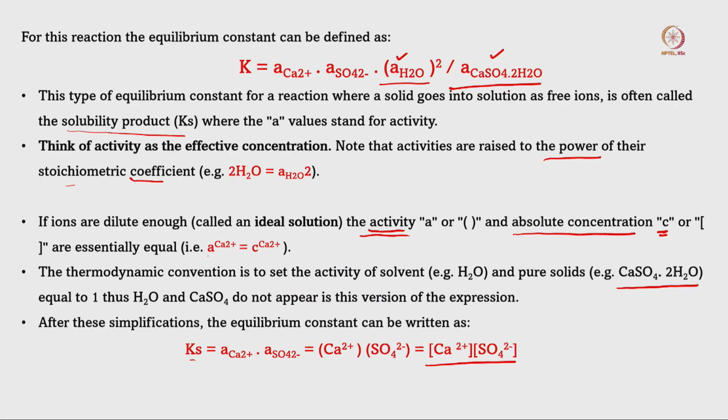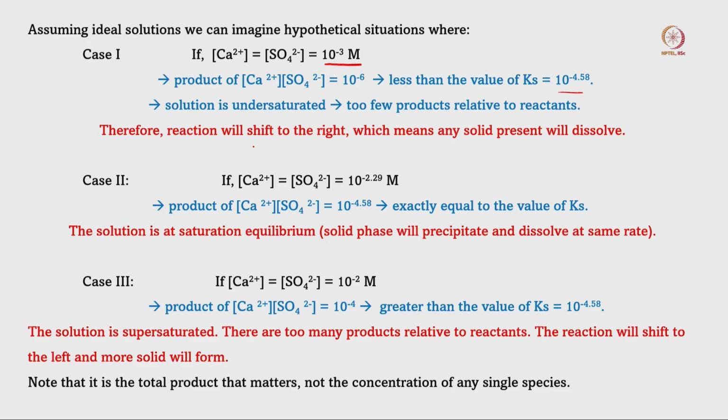Now, here my product value is 10 to the power minus 6. Therefore, my solution is undersaturated. Their concentration is very low. That means there are too few products relative to the reactants. Therefore, the reaction will shift to the right, which means any solid present will dissolve.